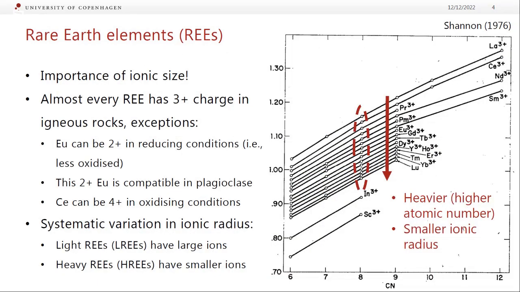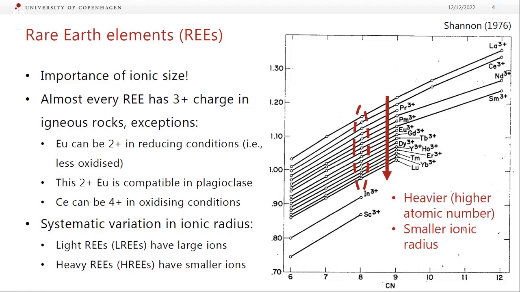So yeah. The really cool thing about rare earths is that essentially every rare earth element normally has a 3+ charge. And this is quite unusual. Because we have this increase in atomic number across, we have a very, very systematic change in behavior.